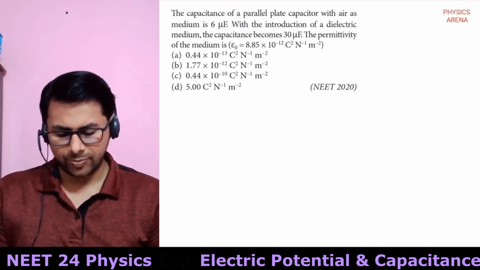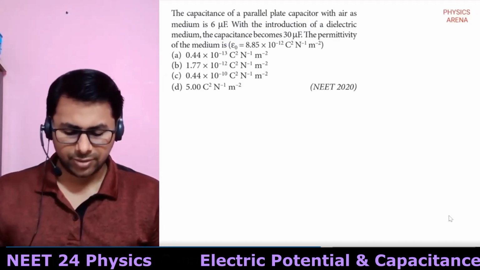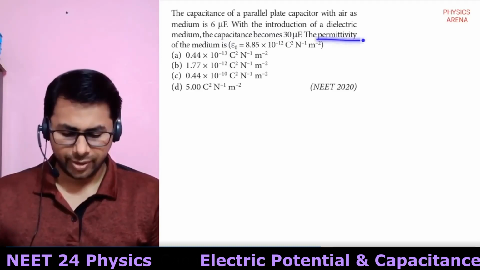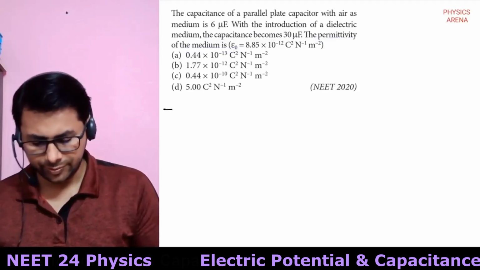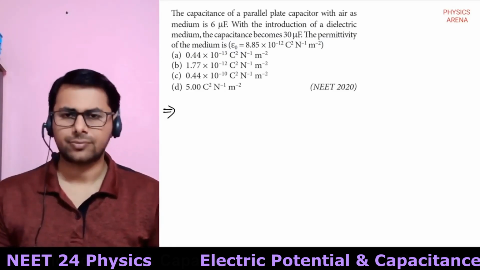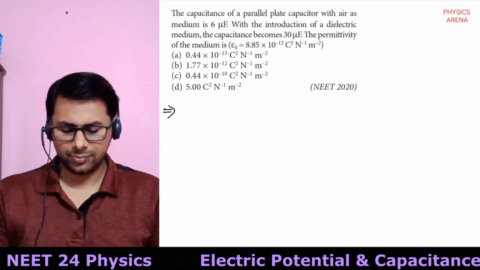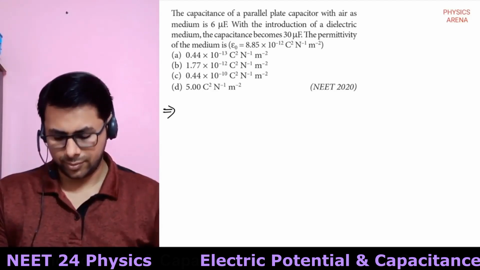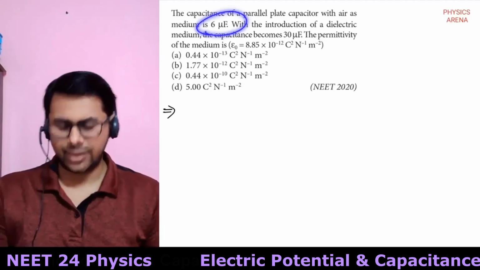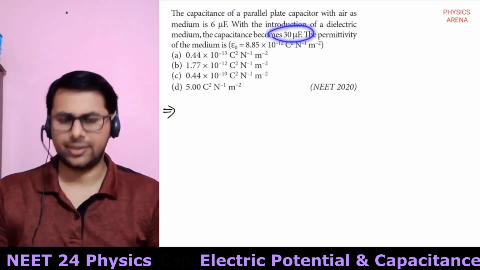Next one: the capacitance of a parallel plate capacitor with air as medium is 6 microfarad. With the introduction of a dielectric medium, the capacitance becomes 30 microfarad. The permittivity of the medium is, okay, tell me. Earlier you had air, now you are inserting a dielectric.